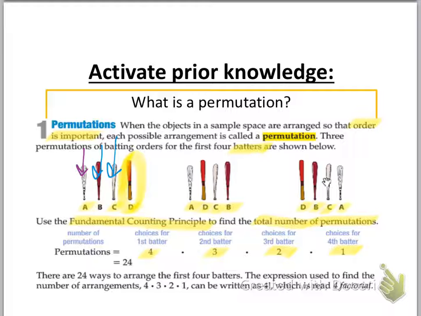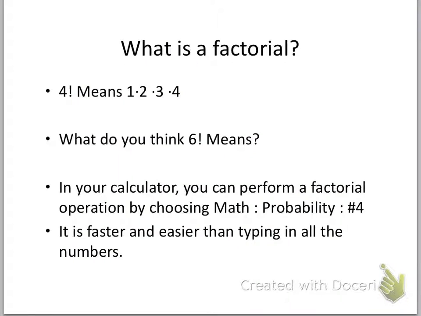Now, as if this is not all confusing enough, we have another new thing. It's called a factorial. Now, this is actually nice because it's going to make your life easier to do math. So a factorial is 4 exclamation point. I bet you didn't think that an exclamation point had to do with math, but it does. Okay?